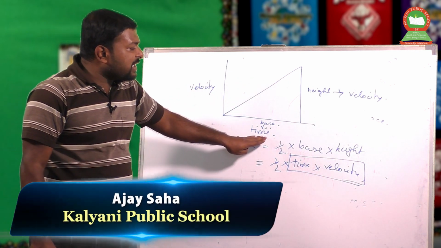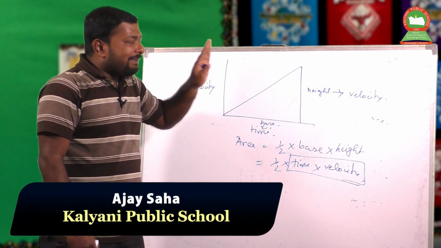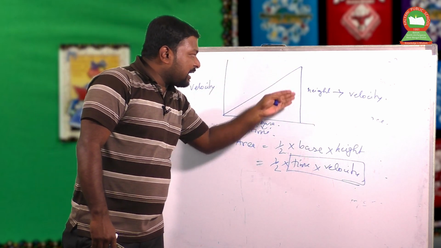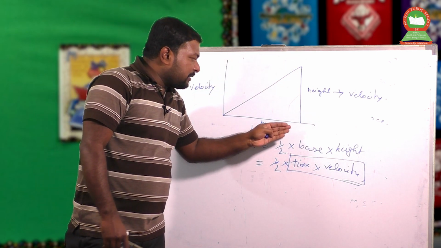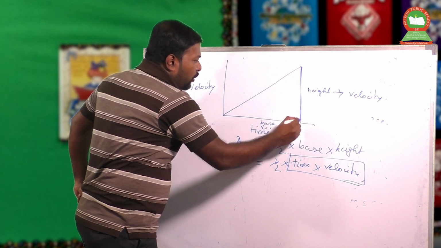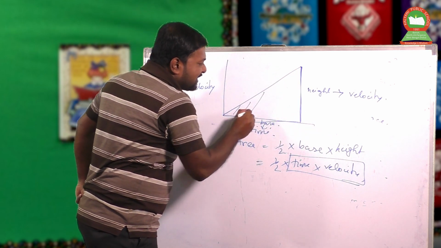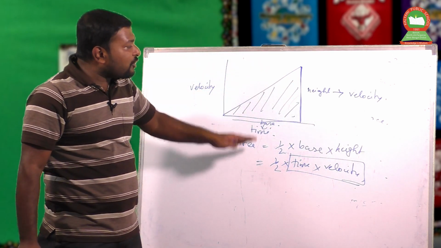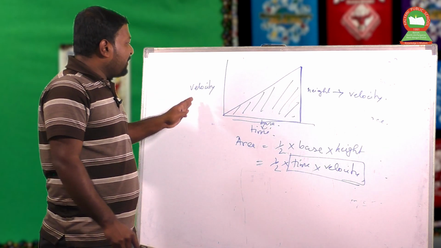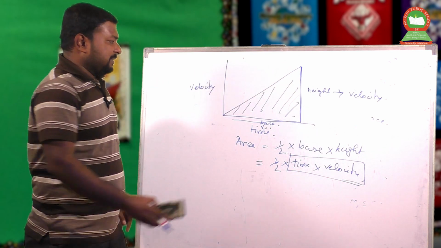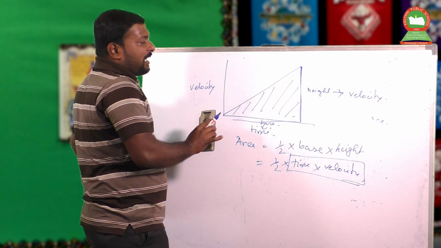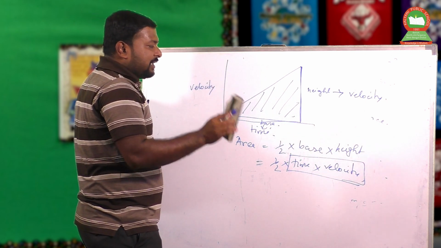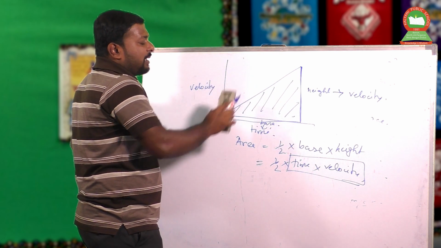So in the case of the velocity time graph, if we draw the area under the curve, that particular curve which locates a particular area like that, and if we calculate this area, we can get the information about the distance. So for the velocity time graph, we have to calculate its area, and that area would give you the information about the distance.